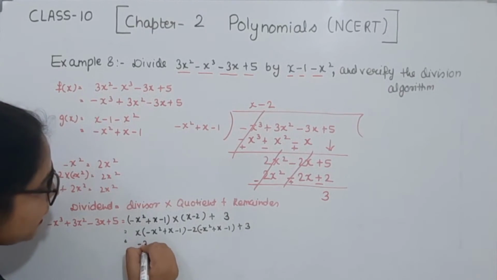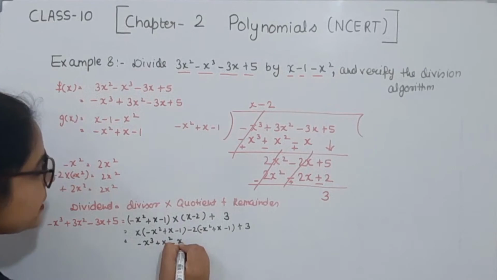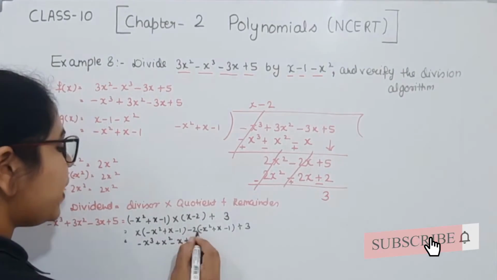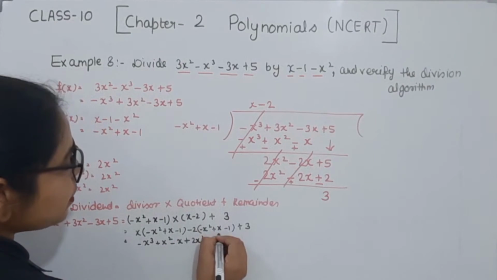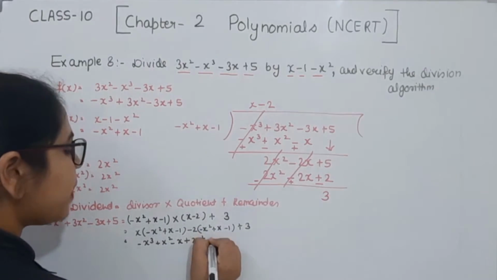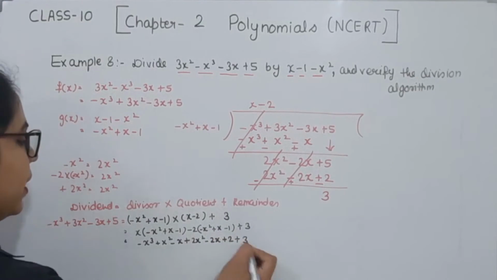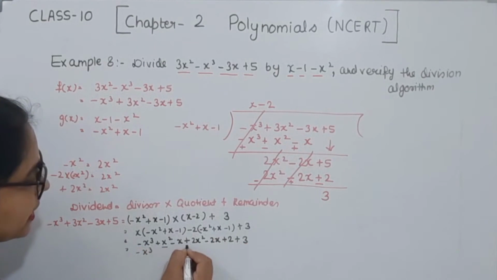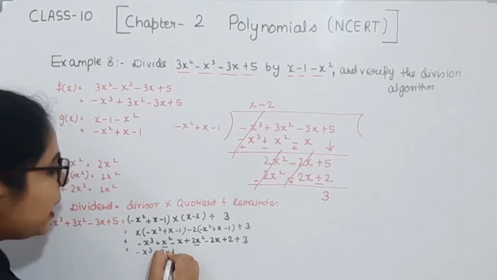So this is minus x to the power 3 plus x square minus x. Now minus minus plus will have plus 2x square. Now plus minus minus will have minus 2x, and minus minus plus will have 2, plus 3. Now this one is minus x to the power 3, this is x square, this is 2x square, so this one will have 3x square.